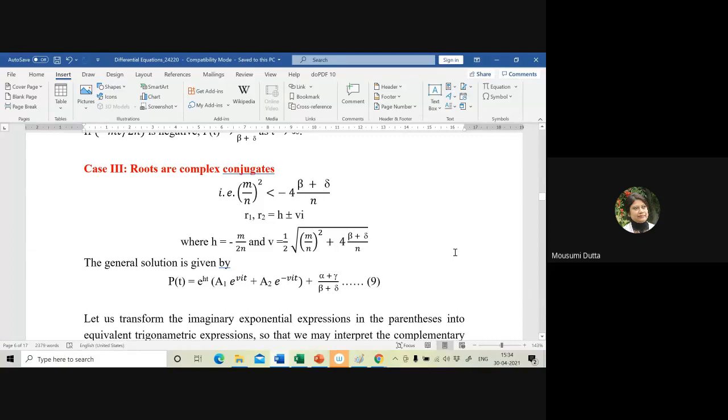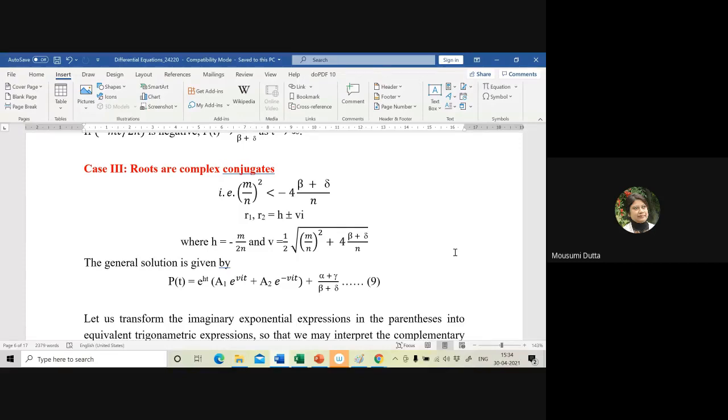So today we will explain the case of complex conjugate roots. First, the structure of the time path in the context of complex conjugate roots, and then we need to understand why the time path will be oscillatory here.